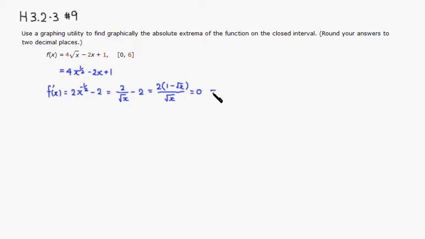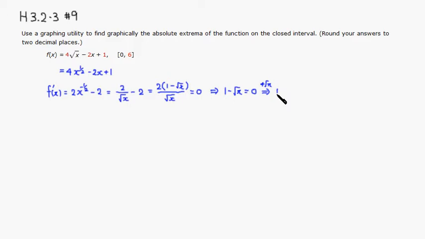Top equal to 0, the 2 doesn't matter, so 1 minus square root of x must be 0.